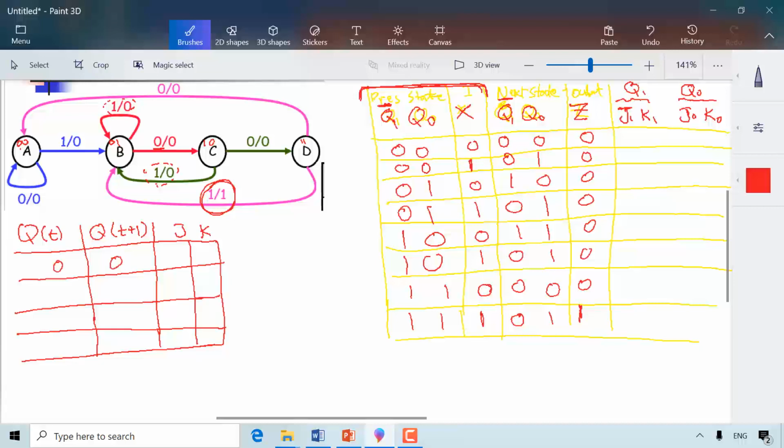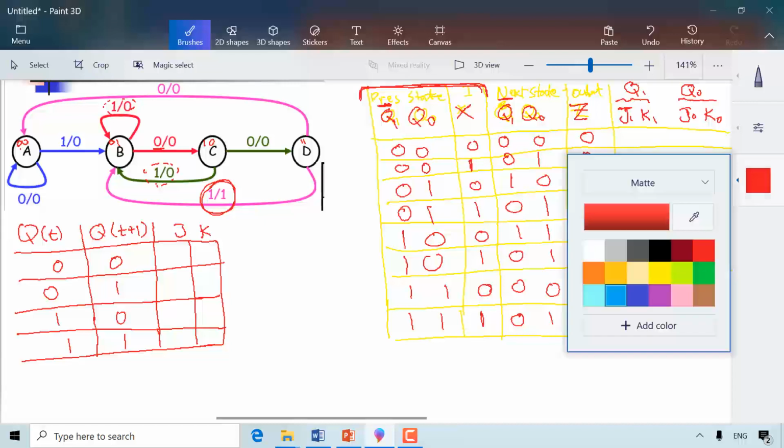0, 0, 0, 1, 1, 0, 1, 1. Now, if my present state is 0 and next state is 0, we have no change.